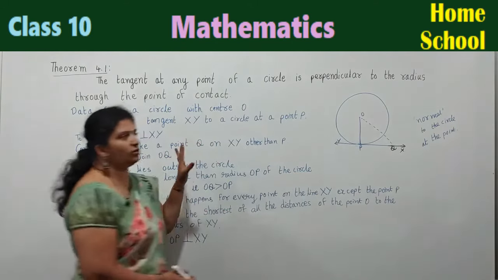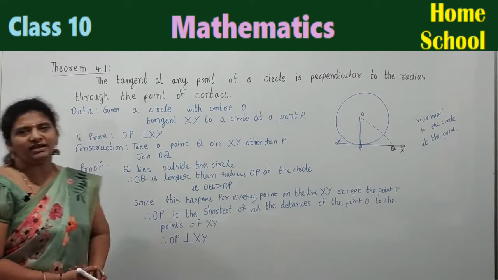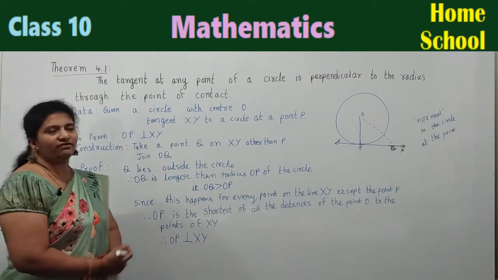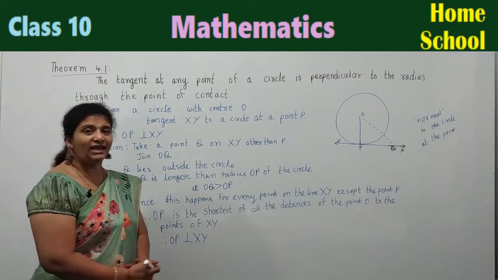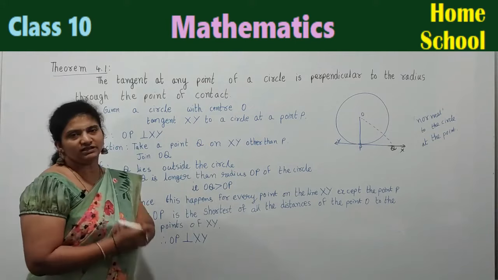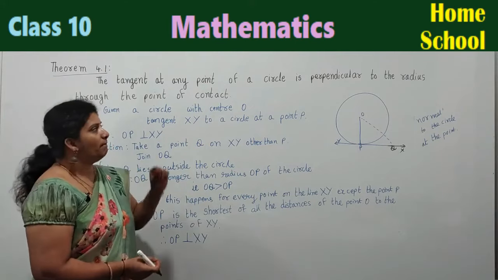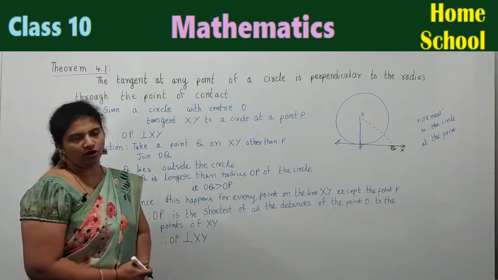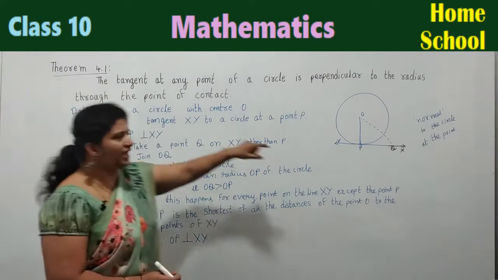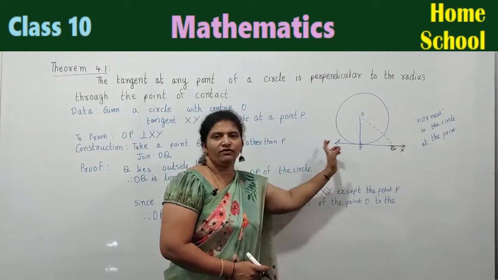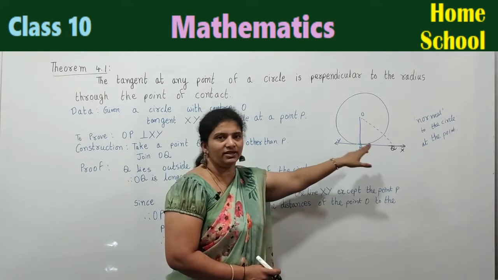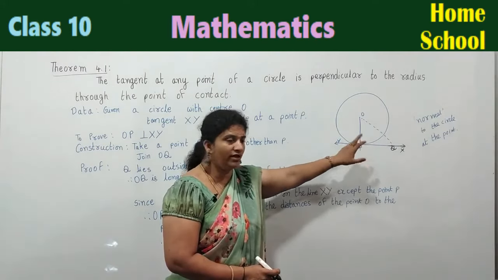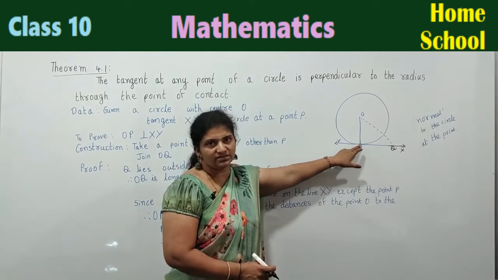Once again, look here at the theorem. The tangent at any point of a circle is perpendicular to the radius through the point of contact. If you draw a tangent anywhere, the point where it touches is the point you need to consider.